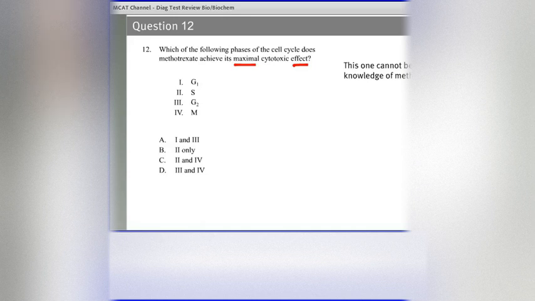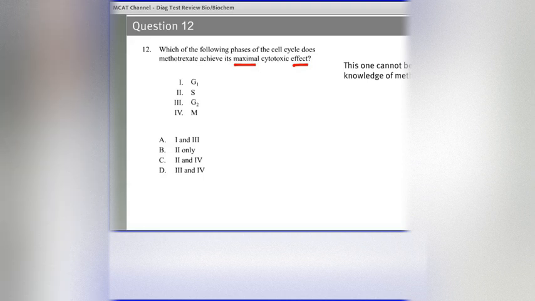Methotrexate, which is also called amethopterin, is usually a cancer-fighting drug. And what it does is it specifically targets DNA, and it makes it so that thymine can't be produced. Okay? So where is that going to affect the most?